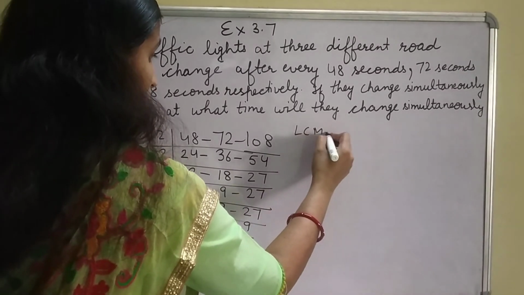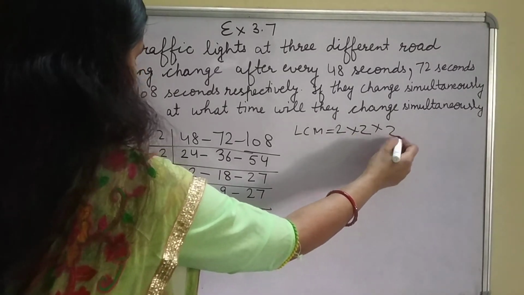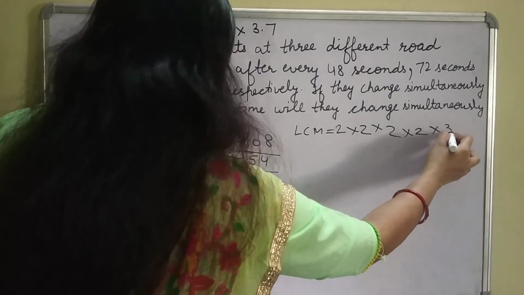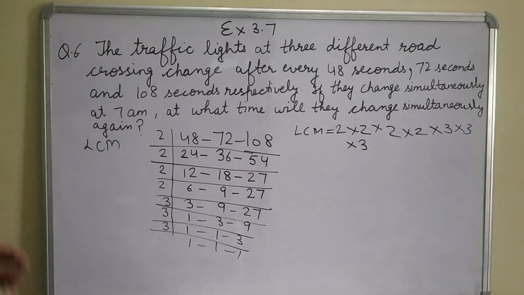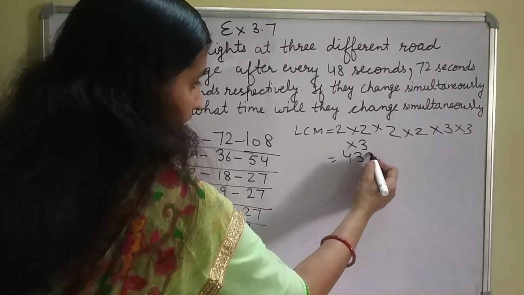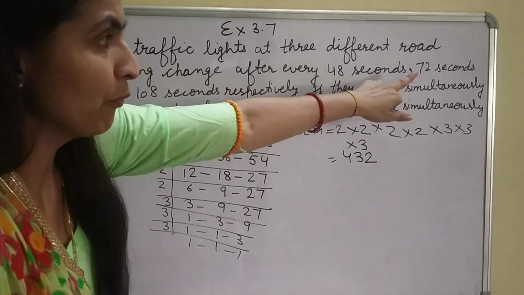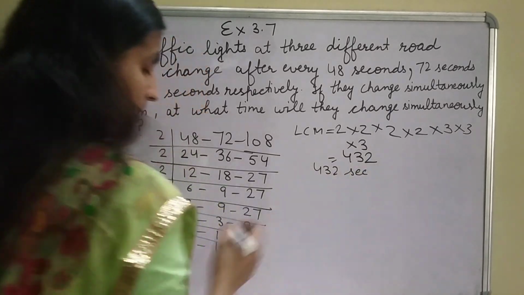The LCM is 2 multiply 2 multiply 2 multiply 2 multiply 3 multiply 3 multiply 3. When we multiply all these prime factors, we get 432. Now as the time is given in seconds, it is 432 seconds.